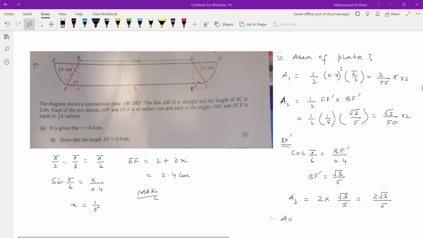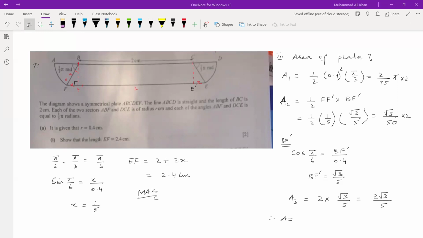It will be 4 pi over 75, plus the second area, which is root 3 over 25.